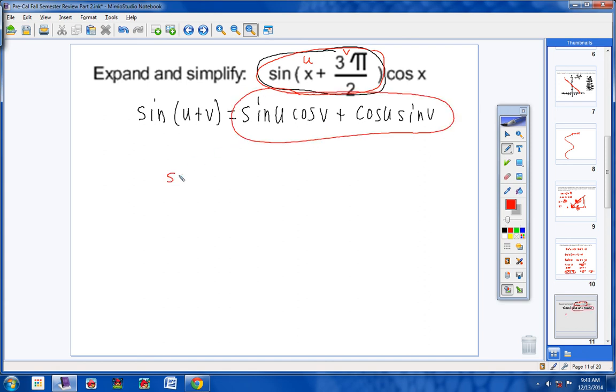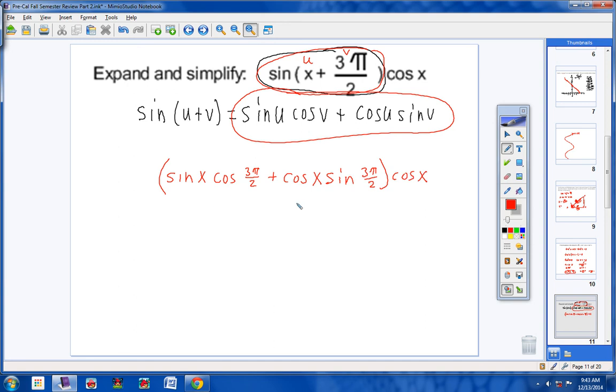Sine of u, that's sine of x, cosine of v, cosine of 3 pi over 2. Okay? So I'm going right along in order here. Plus cosine of u, u is x, times sine of v, v is 3 pi over 2. So I have all of this times, bring your cosine down.